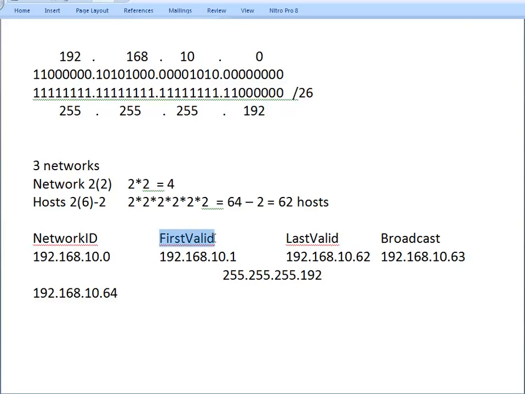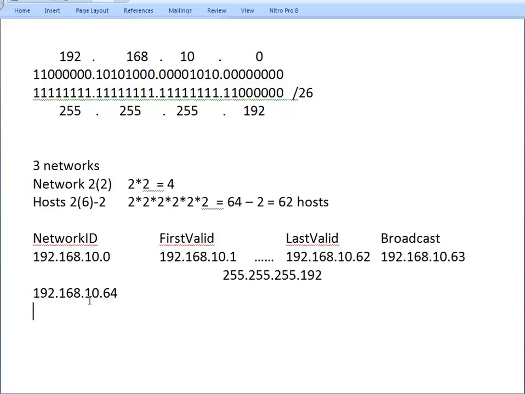That's your first valid up to last valid. So you can add different addresses from 1 up to 62: 10.1, 10.2, 10.3, 10.4, up to when you reach 10.62. All of them will have the same subnet mask. We move to the next one.